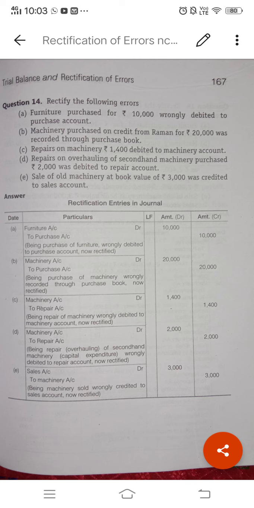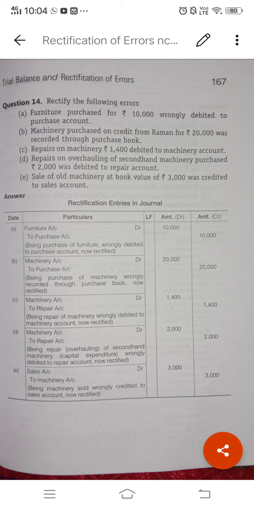So the correct entry is repair on machinery account debit to cash account, and the rectifying entry is repairs on machinery account debit to machinery account 1400. Okay. Next. Repairs on overhauling of second hand machinery purchased 2000 was debited to the repair account.